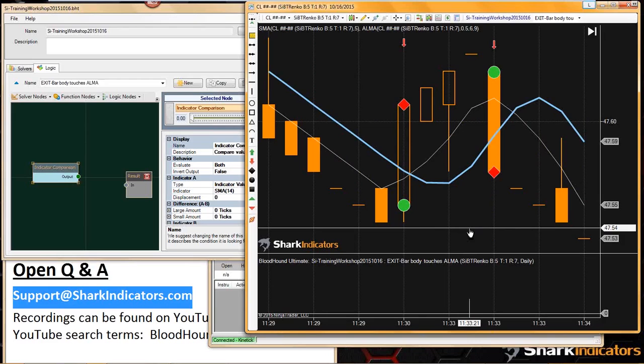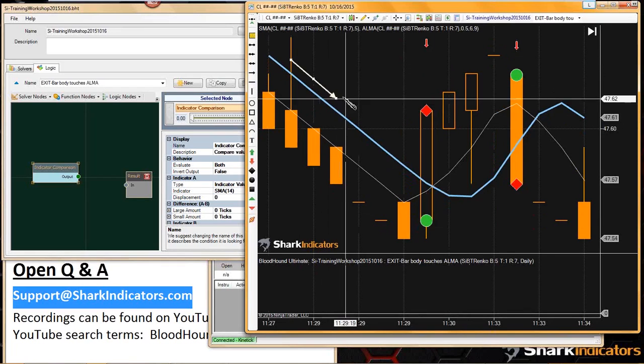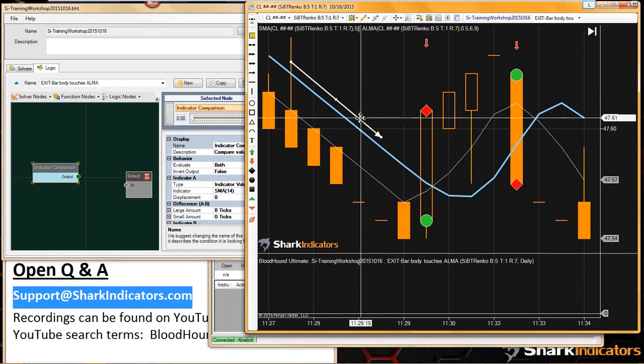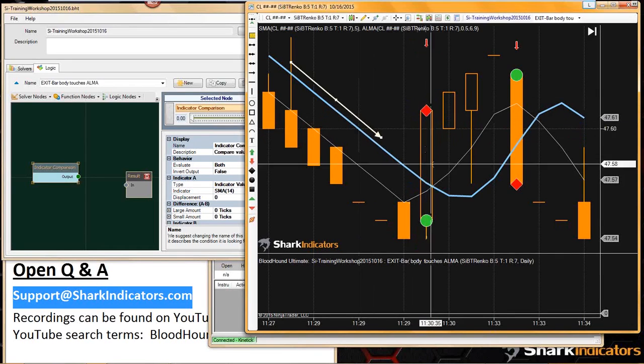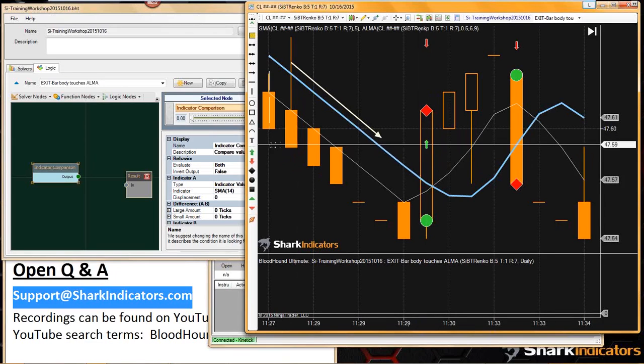Let's get another couple of requirements set up here. So let's say we're in a short trade. So we're going to want to generate a long signal to close out a short trade. We want a long signal on this bar.